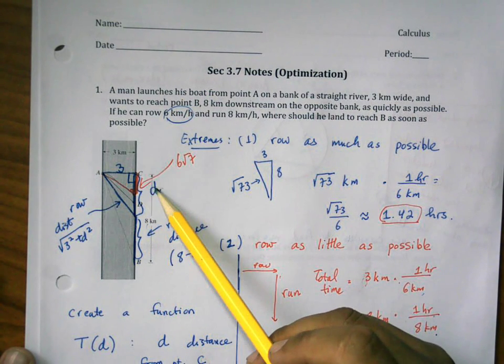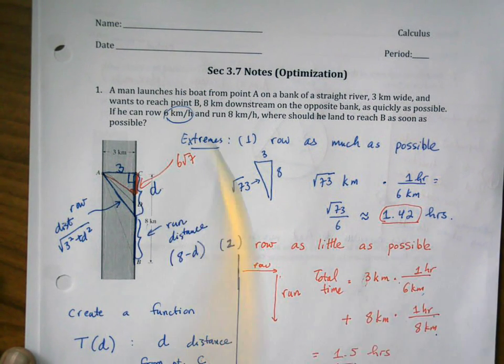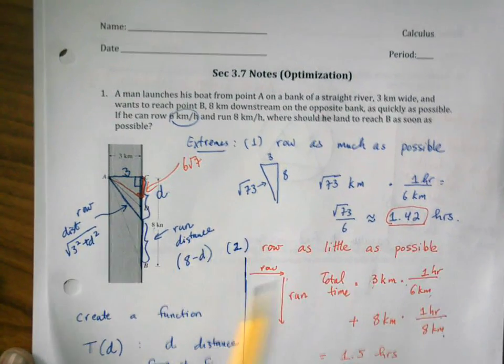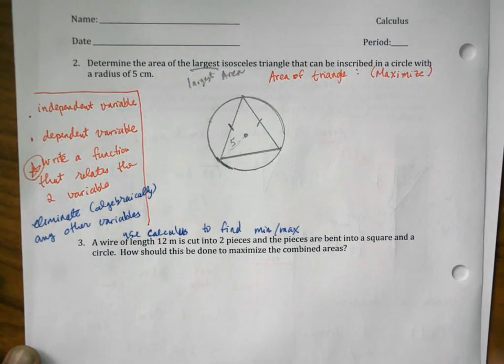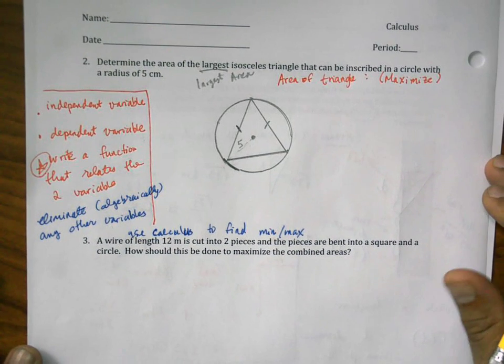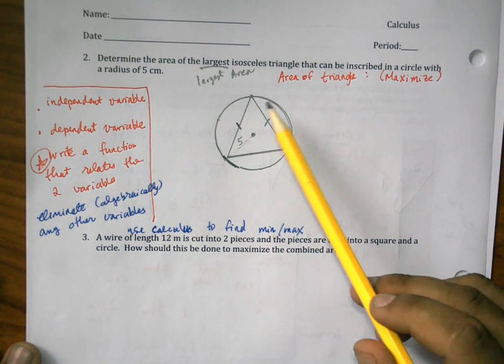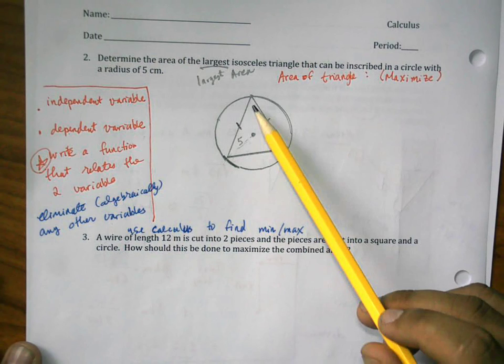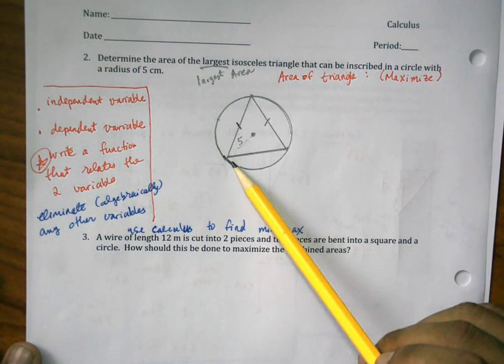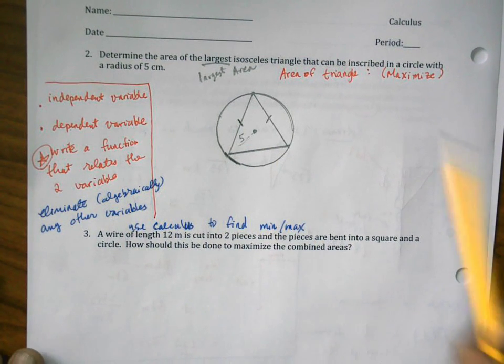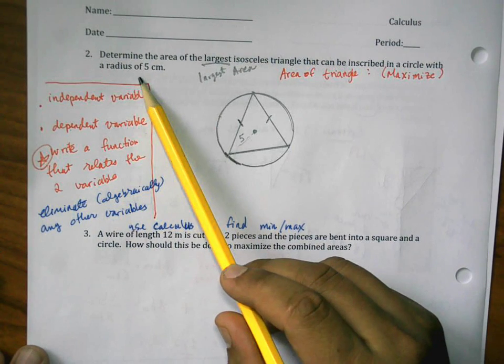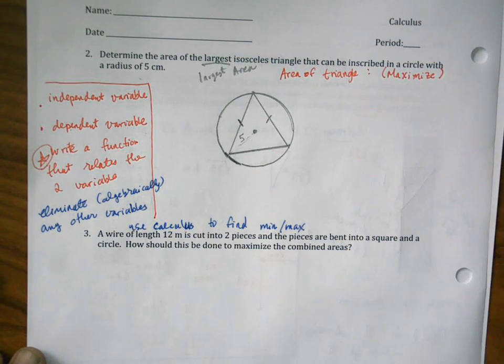Okay, so that's how we got this D as our independent variable. So over here, you have to ask, what decision are you going to make? What input do you get to make in order to decide how this triangle is drawn? With certain constraints, the radius has to be 5, and the triangle itself must be isosceles.